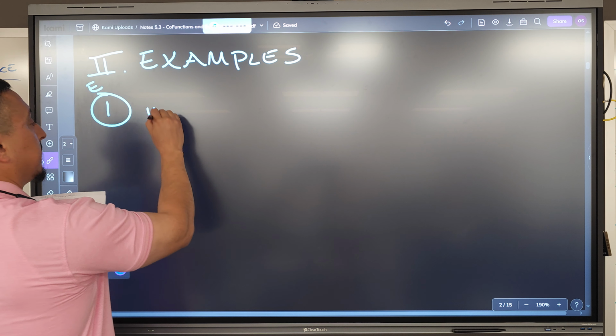So now we're going to use the even and odd identities. Where do I have tangent of negative theta? 25. So I'm going to use number 25, which says the tangent of negative theta equals negative tangent theta.